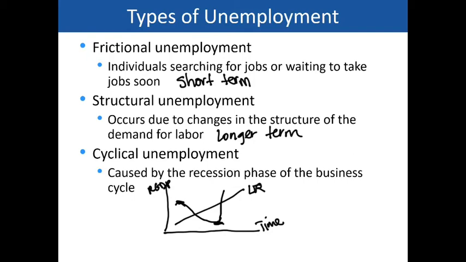And during a recession, because the production level is going down, because real GDP is declining, firms will lay off workers, and therefore there will be more people unemployed during the downturn period of the business cycle. We call this type of unemployment cyclical unemployment, and it is a great concern because this is happening because of a recession.